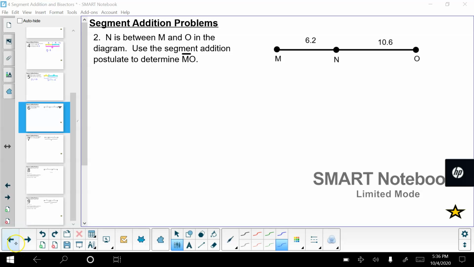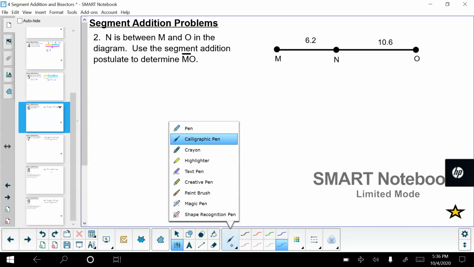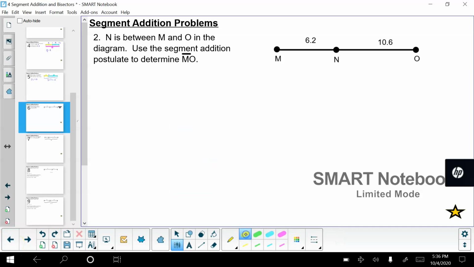Now that you've had a little bit of time to try to do it on your own, let's check your answers. Once again, it's given us some information. It's told us that line segment MN, the first little part, is 6.2, and line segment NO, the second part, is 10.6.